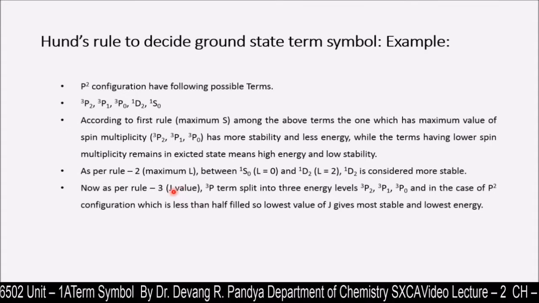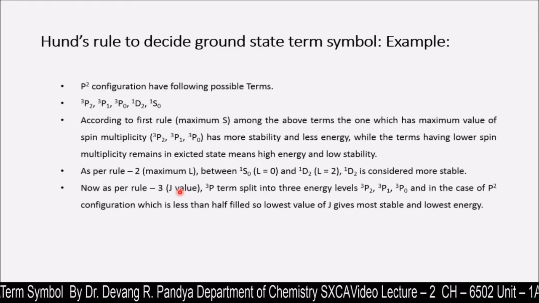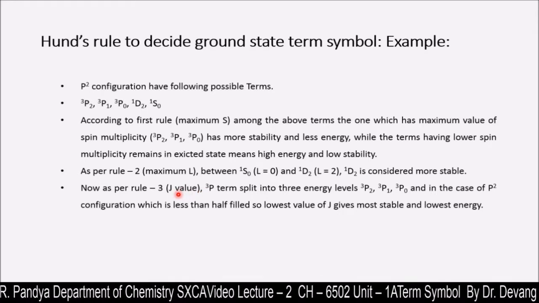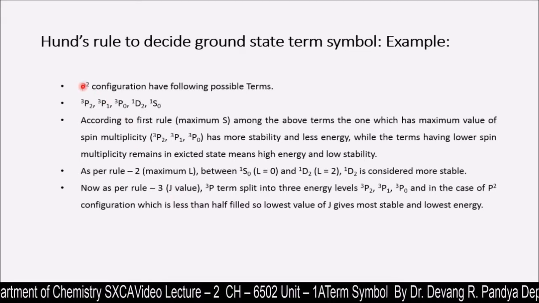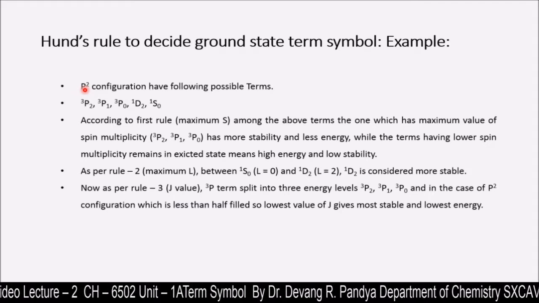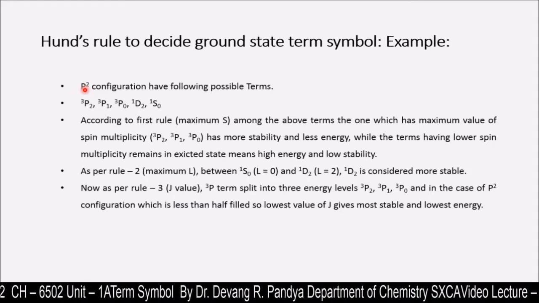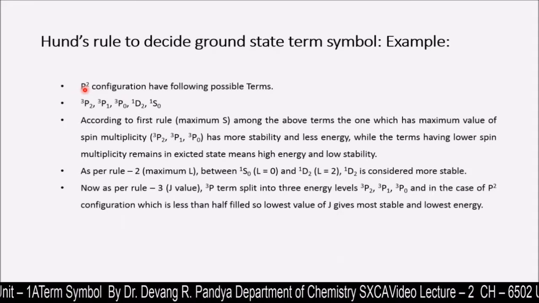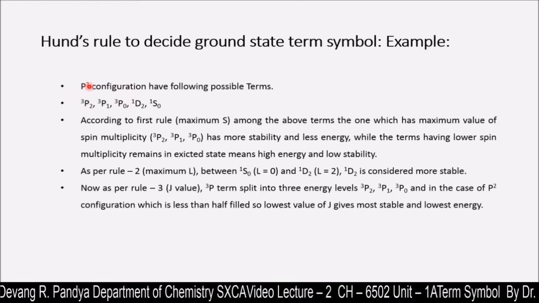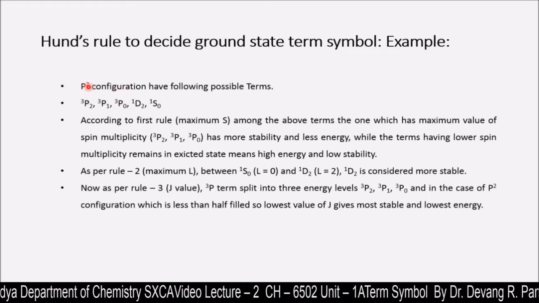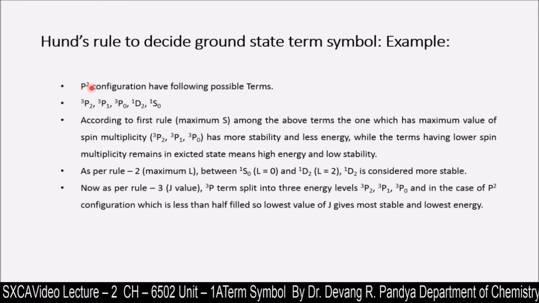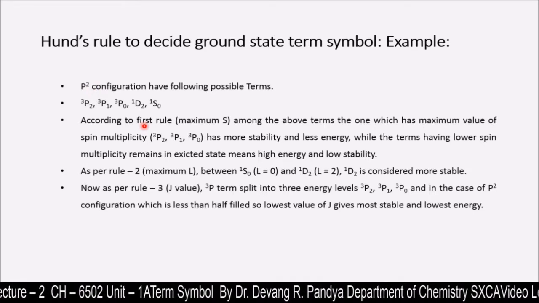So we will get the value of J, and there is a rule for J, that if the subshell is less than half filled, as here in the p2 configuration. For the p subshell, if 3 electrons are there, it is half filled, and if 6 electrons are there, then it is completely filled. But here p has only 2 electrons, the p2 configuration, so it is less than half filled. So for that, the lower value of J should be considered.